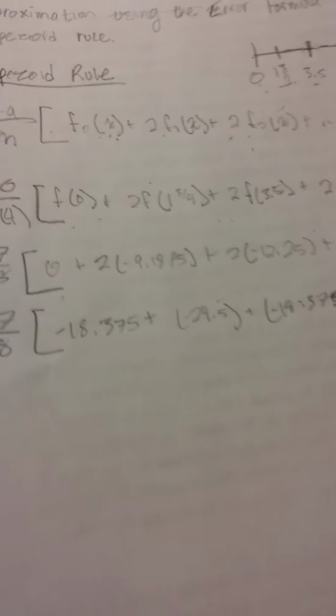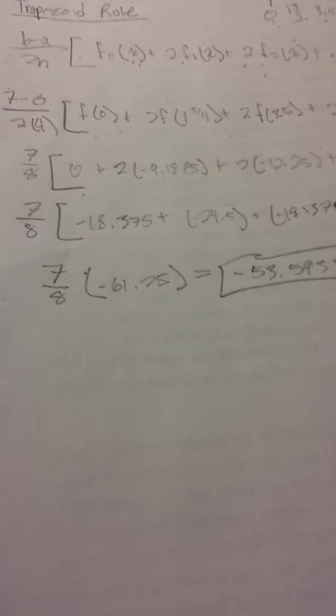You can simplify these even further. You get 7/8 times negative 18.375 plus negative 24.5 plus negative 18.375. Then you just add these 3 up together and multiply by 7/8.